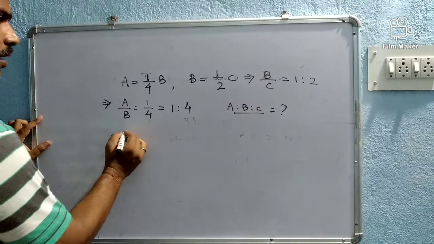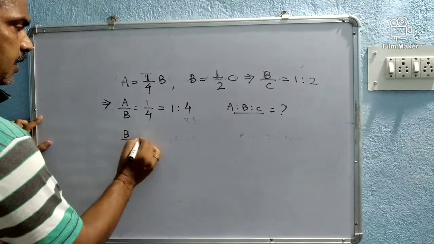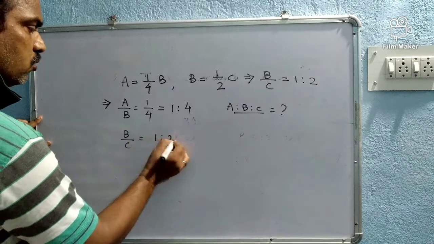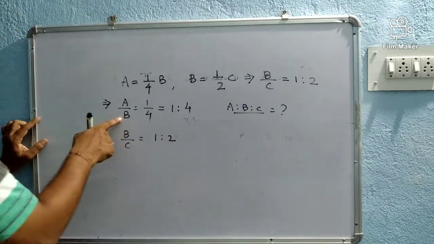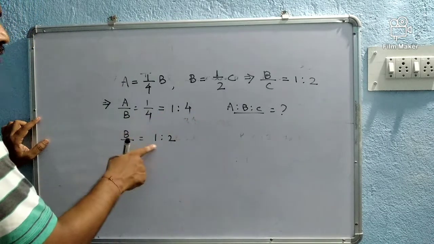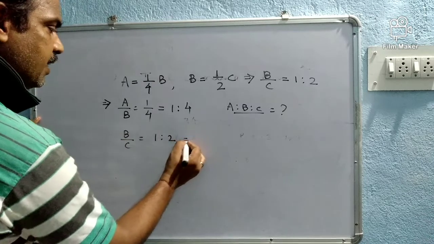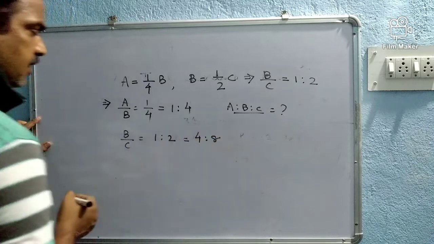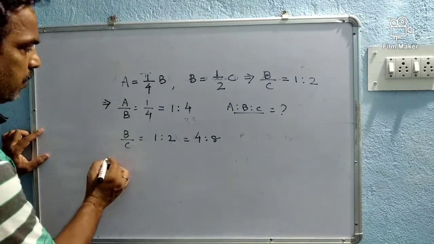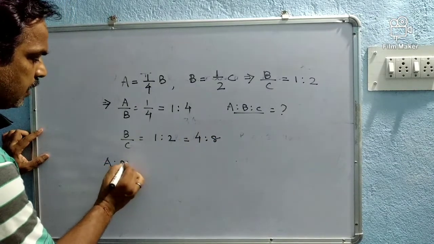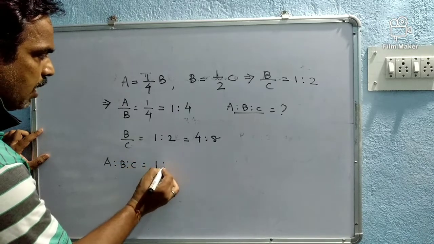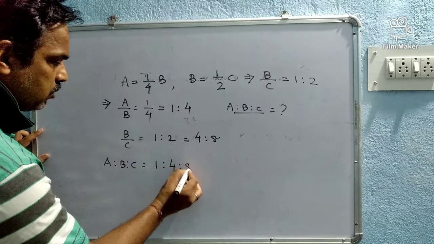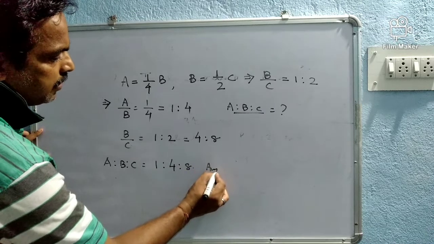So we may write here b by c is equal to 1 is to 2. So here in this case b is equal to 4, here b is equal to 1. So we may make it as 4. So it will be 4 is to 8. Understood? So what will be A is to B is to C? It will be 1 is to 4 is to 8. This will be our answer.